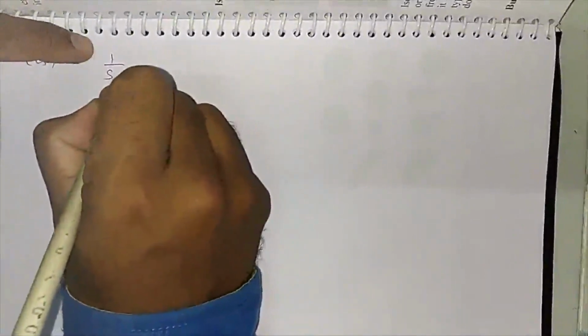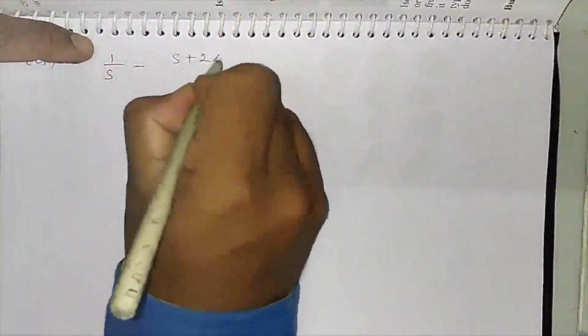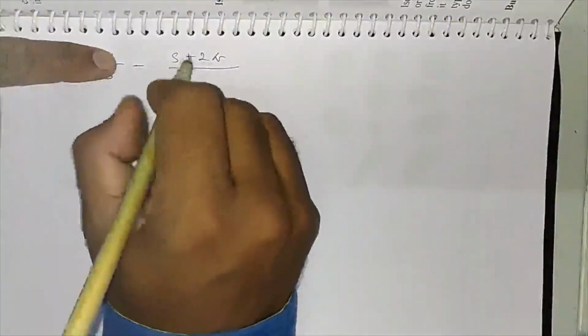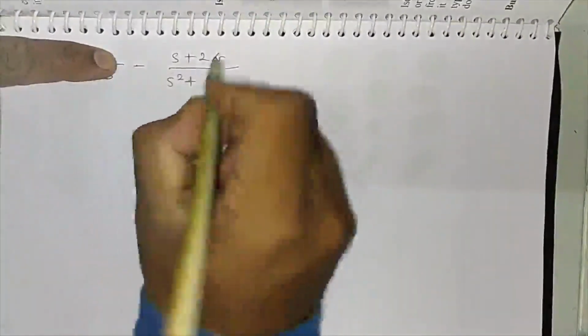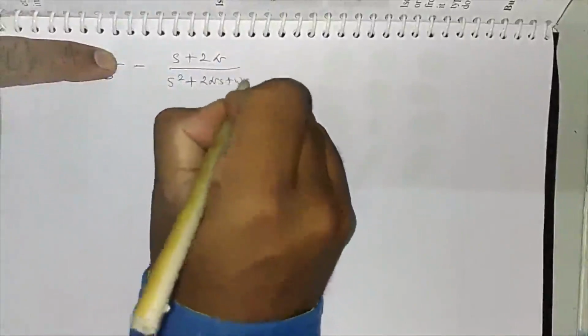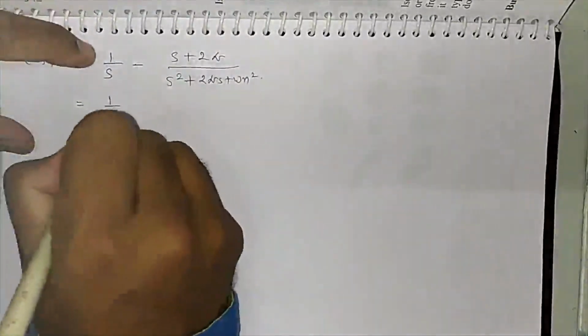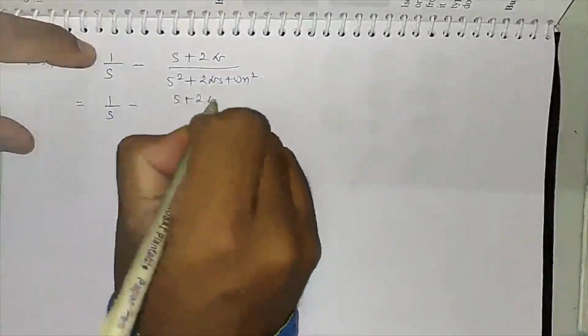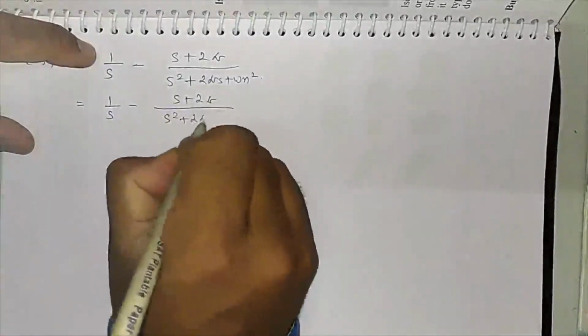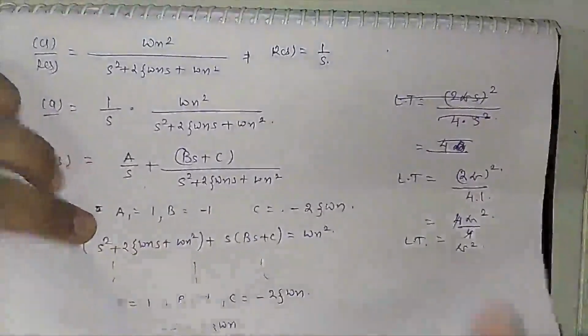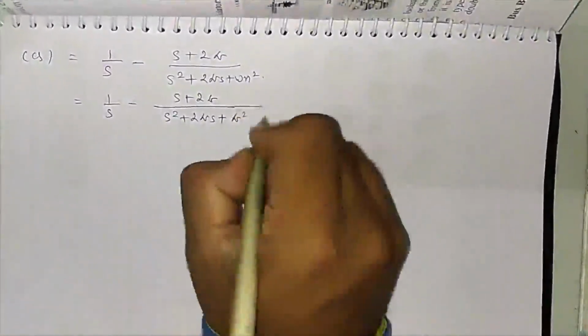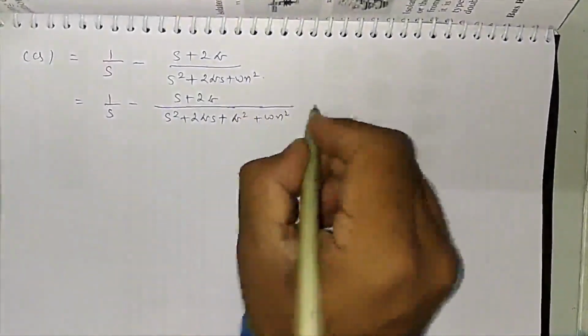So your C of s is equal to 1 upon s minus s plus 2 alpha divided by s square plus 2 alpha s plus omega n square. Okay, I have rewritten the equation, so it will be s plus 2 alpha divided by s square plus 2 alpha s, the last term we have got alpha square, plus omega n square.